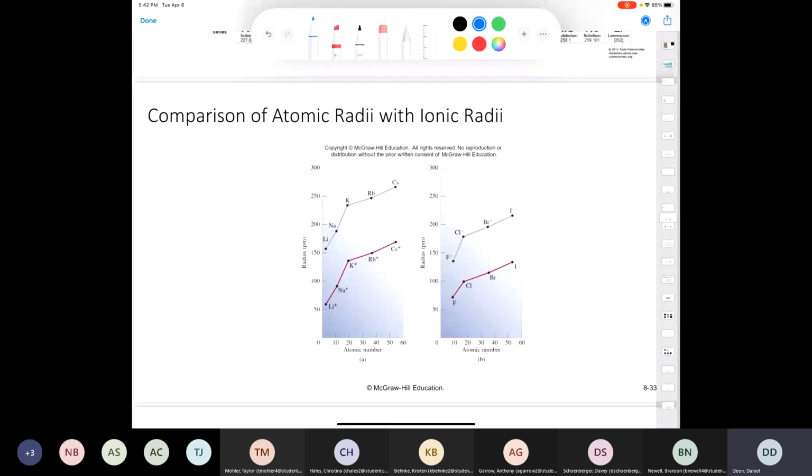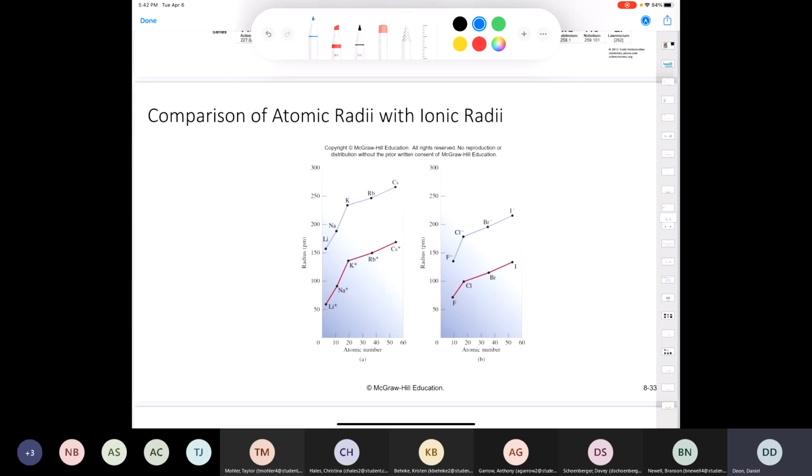Now, what would happen if we have an anion or a cation? Let's talk about the difference between an atomic radius and an ionic radius. I've gone over this quite a bit, that metals tend to lose electrons and form cations. Non-metals like to gain electrons and become anions. Well, let's start by looking at cations.